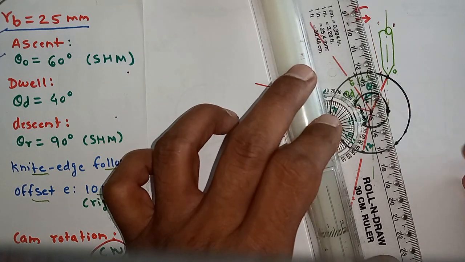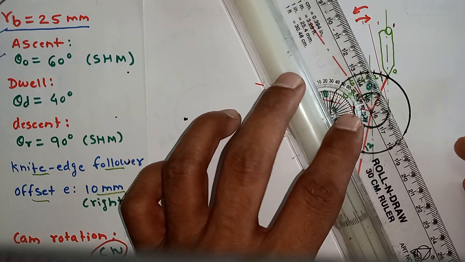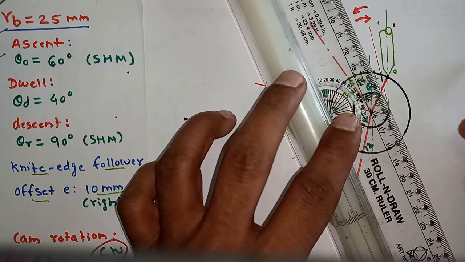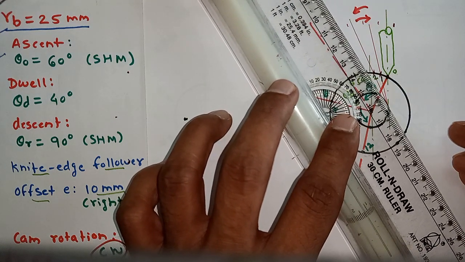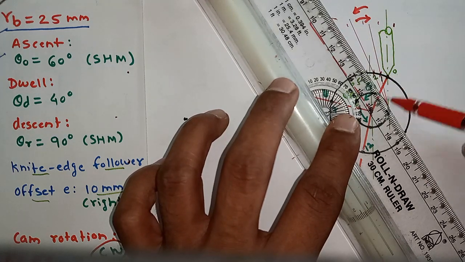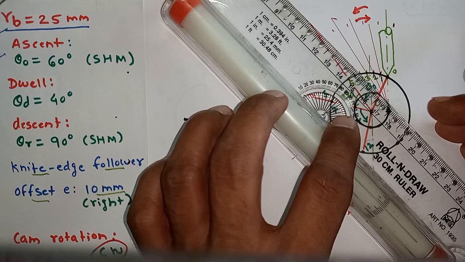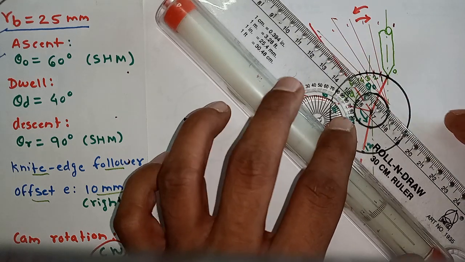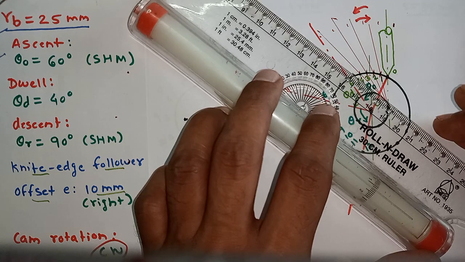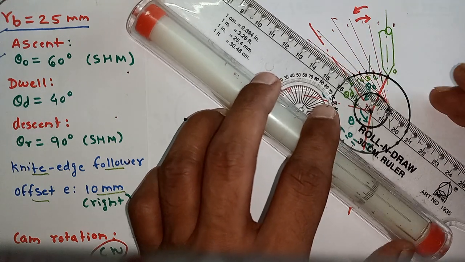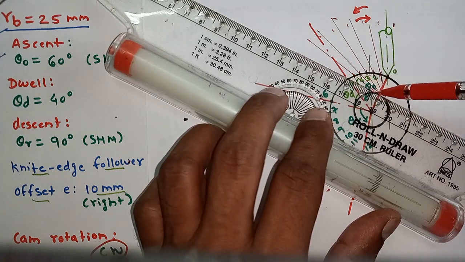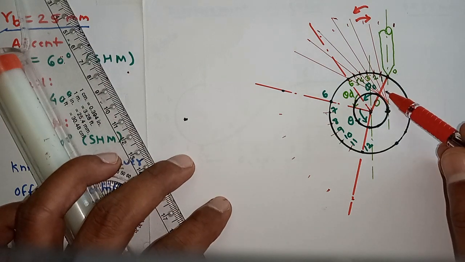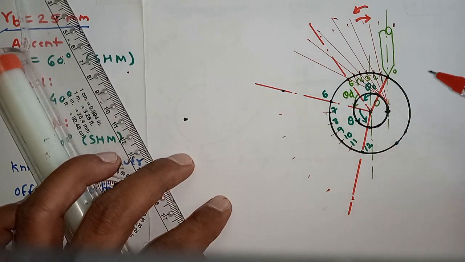So this is my line number 1, 2, this is 3, this is 4, so this is 5, and this is the last one, 6th one. So all the lines are to be tangent to the offset circle and all the lines will pass through the division numbers on the prime circle.